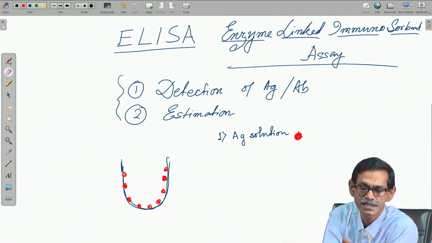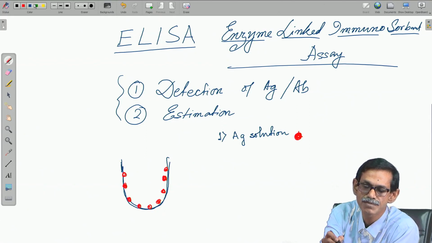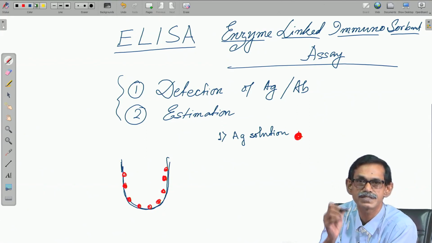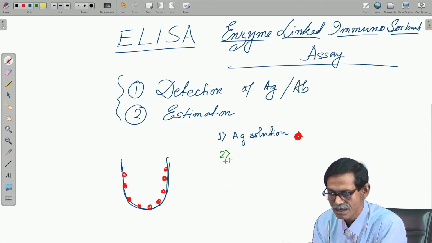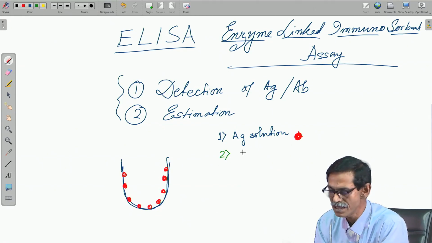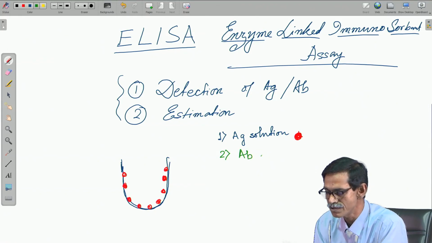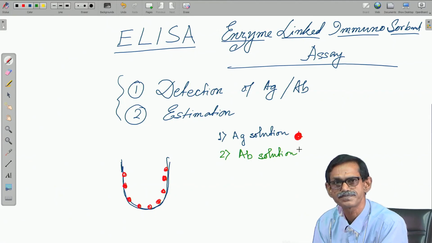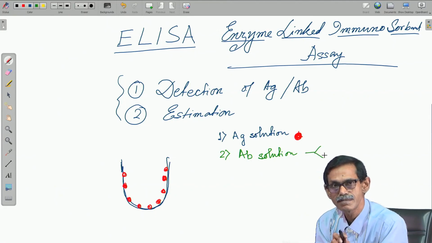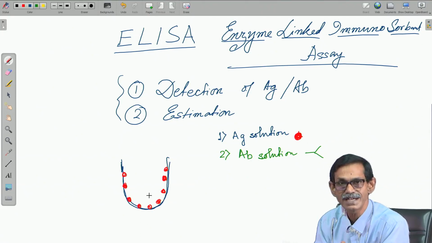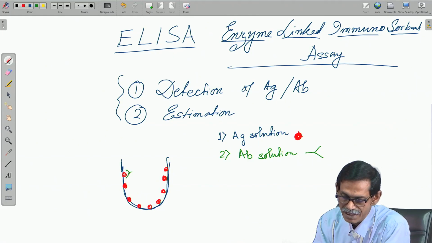Just see what is happening. Suppose the antibody is, let me change the color, green. After washing is done, I will add antibody solution, that may be directly serum or diluted. If that serum has the antibody against your antigen, they will bind wherever antigen is there.